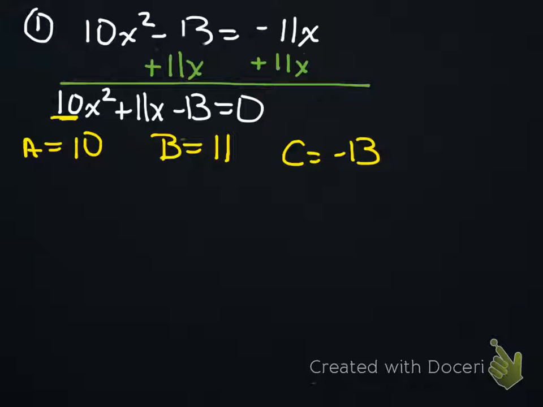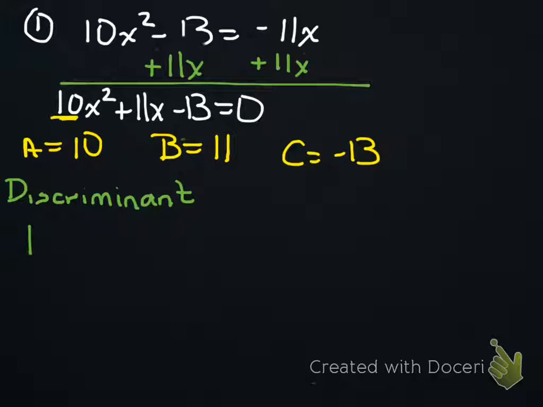After we have that identified, we are going to go into the portion under the square root of this quadratic formula, and that is called the discriminant.